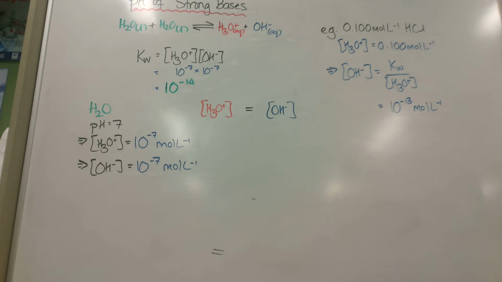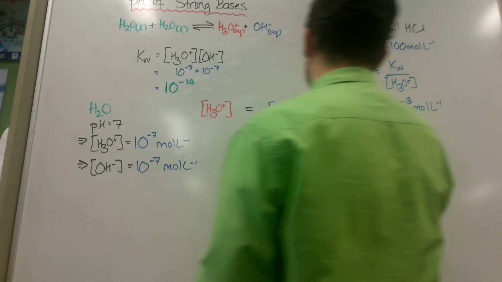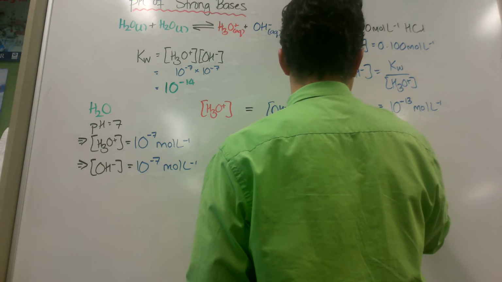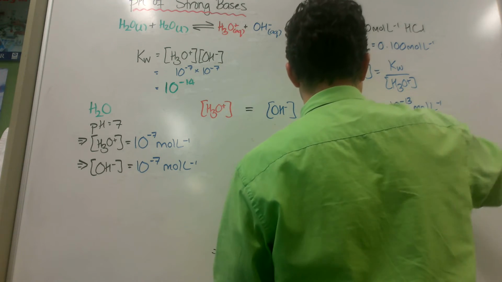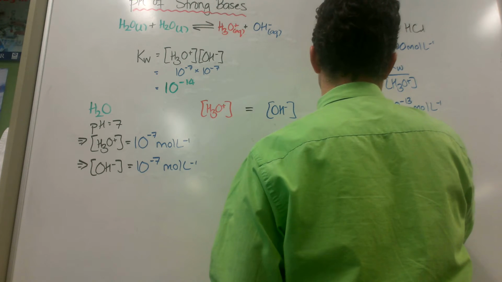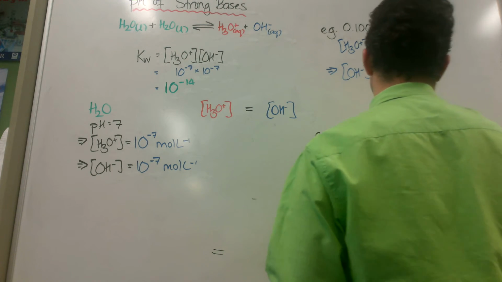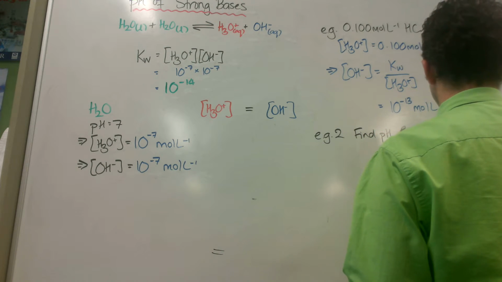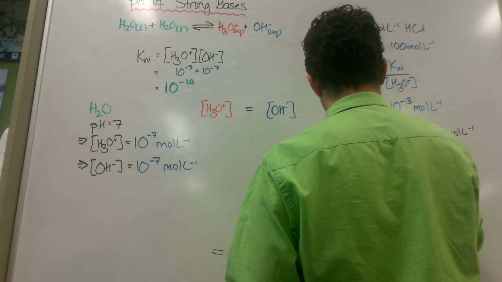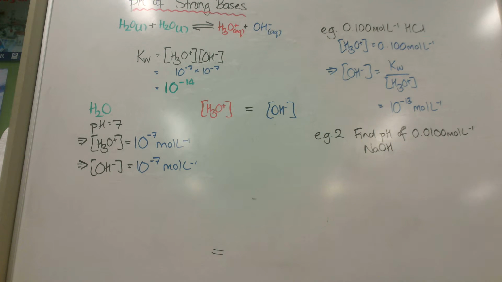Alright. Now, in reality, you're not going to have it going this way. You're going to have something like this. Okay, if I've got a strong base like this, the first thing I'm going to do is show it breaking up into its ions.